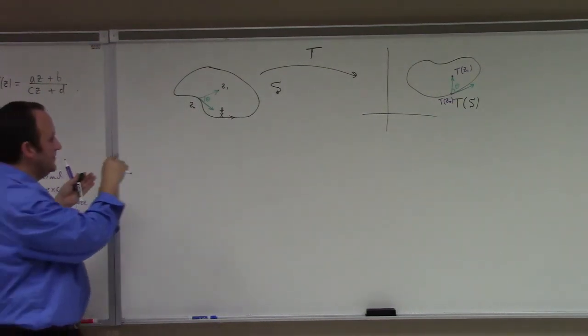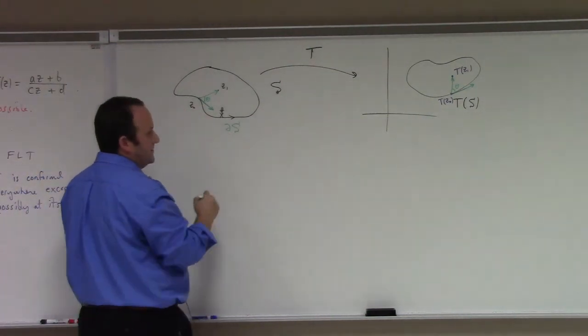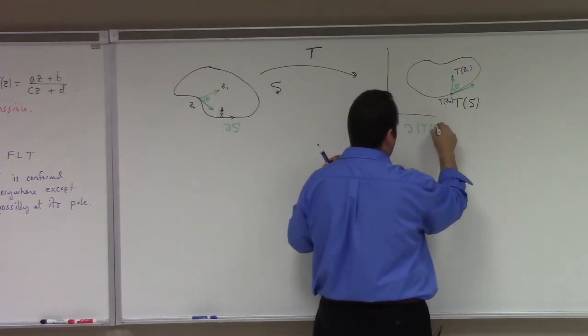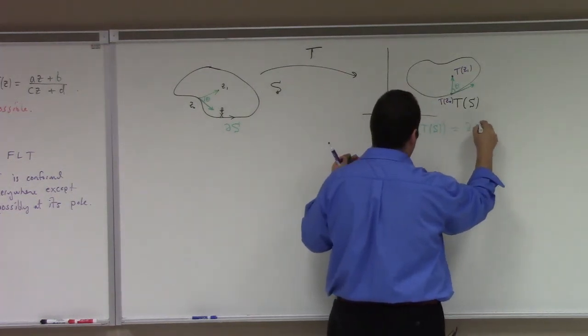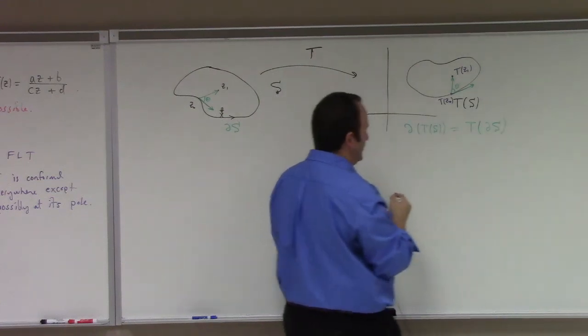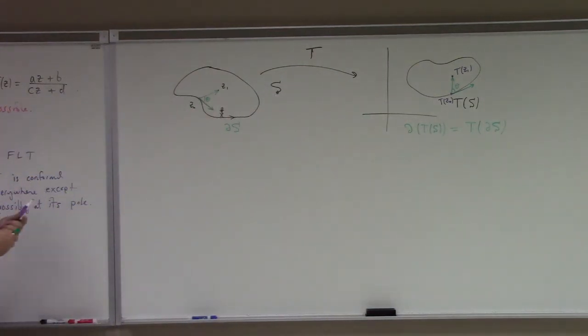So suppose the boundary of S is this counterclockwise oriented thing. Then the boundary of the image should be the image of the boundary. And I think those things come in part because of this conformal condition.